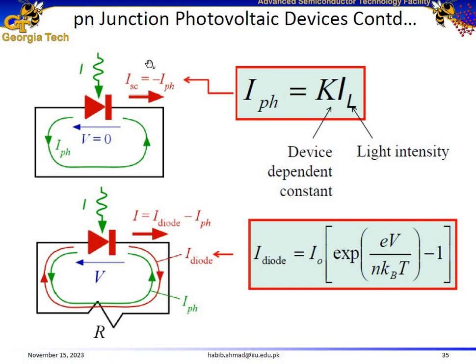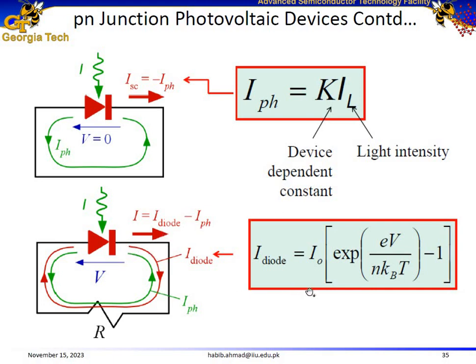We already discussed that we have two kinds of currents flowing in a solar cell. We have the photocurrent as a result of the incident light, and this photocurrent is directly proportional to the light intensity. The light intensity is given in watt per meter square, and K is a constant. It is a device dependent constant.